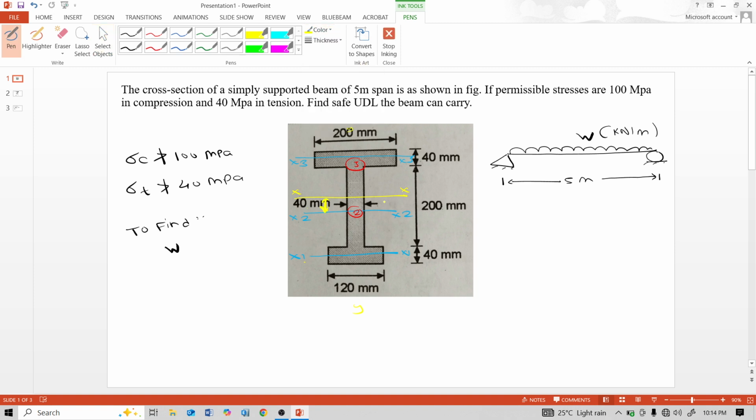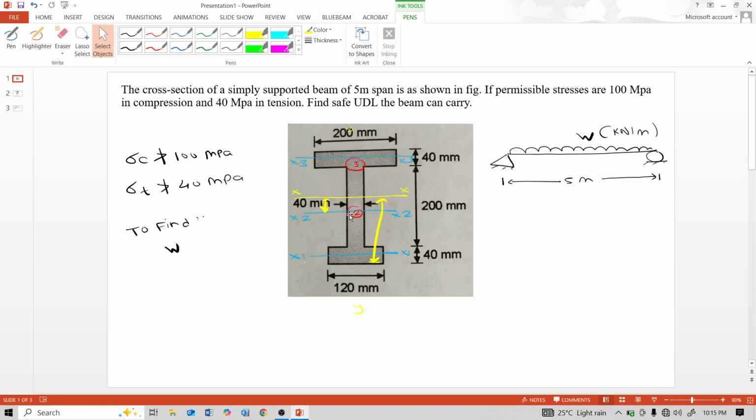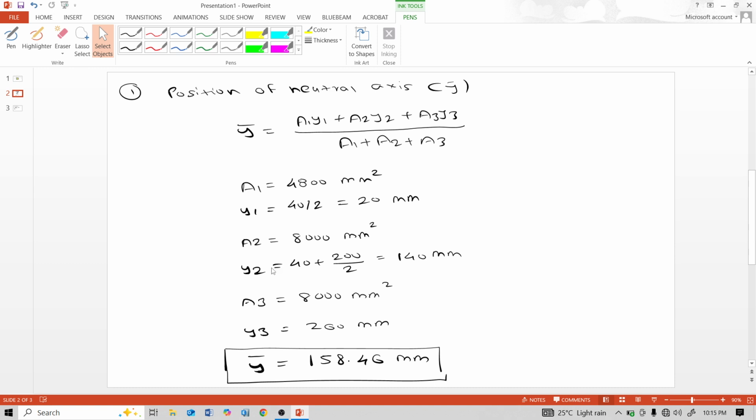And to calculate this distance, first consider this xx distance, and the xx distance is 158.46 mm. And minus this x2 x2 distance. This x2 x2 axis distance we calculated here, this y2.